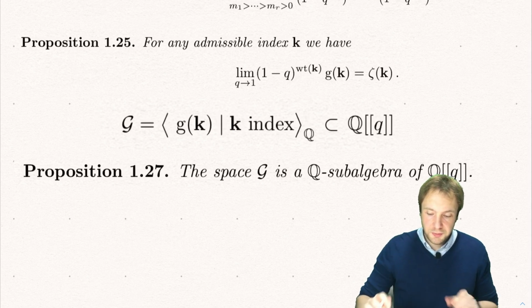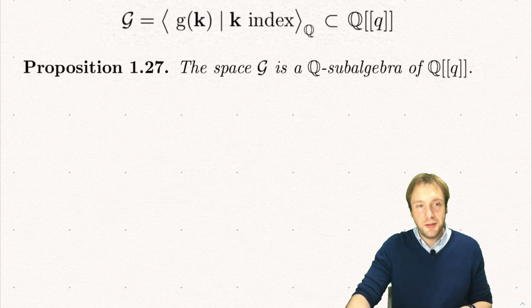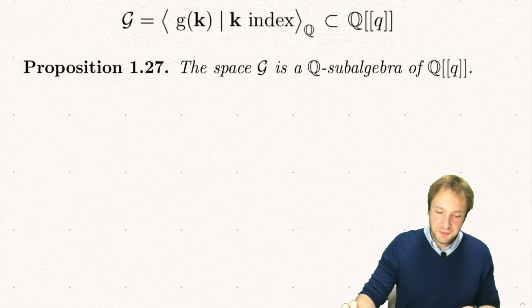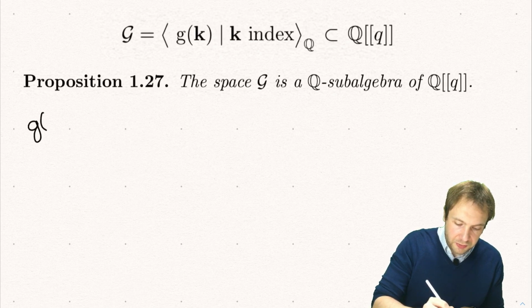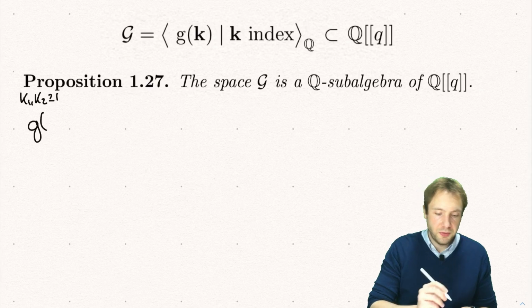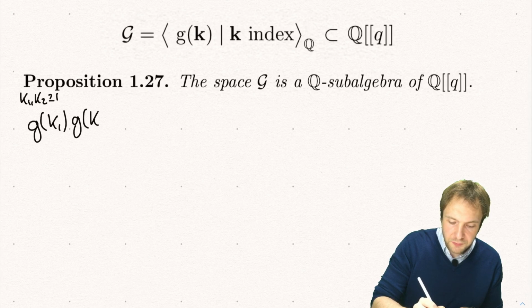To do this, let's try the smallest case. Let's say k1 and k2 are greater or equal to 1, and I multiply G of k1 with G of k2.